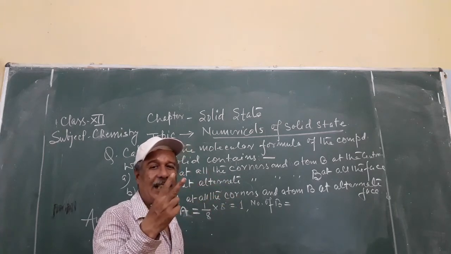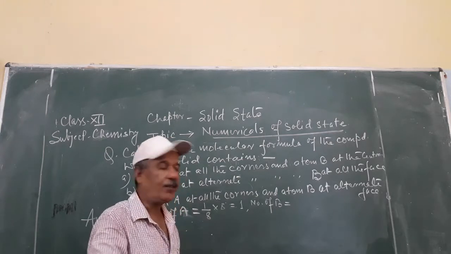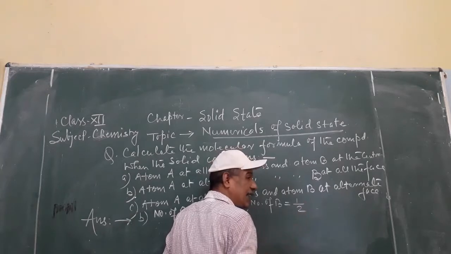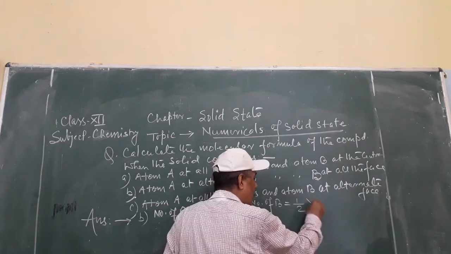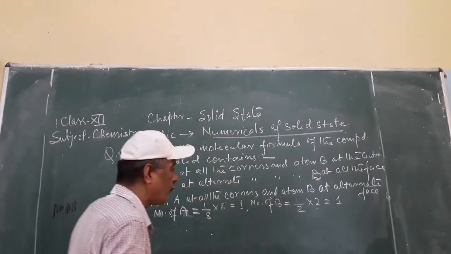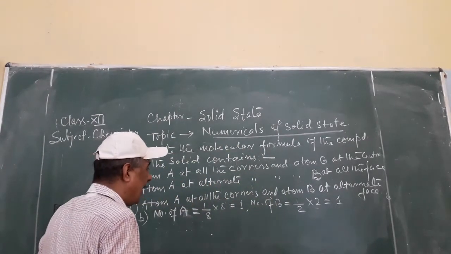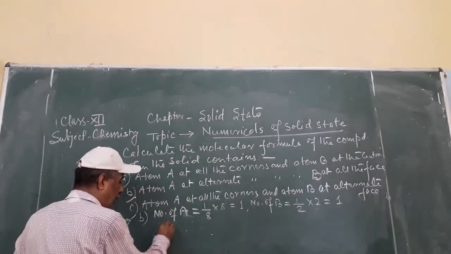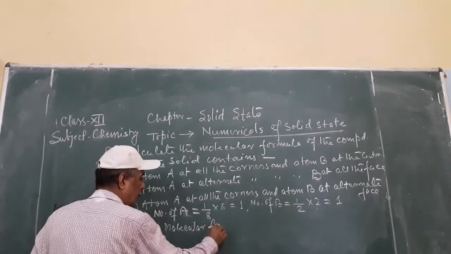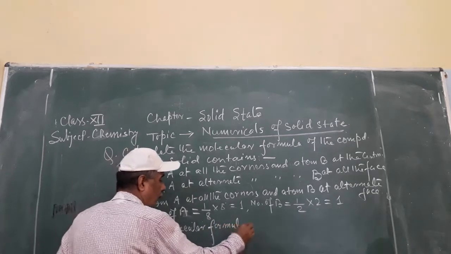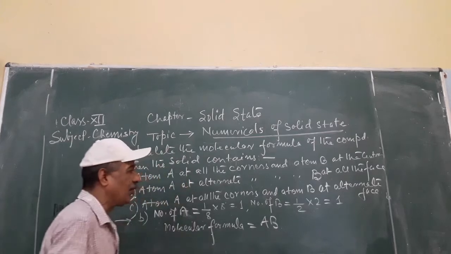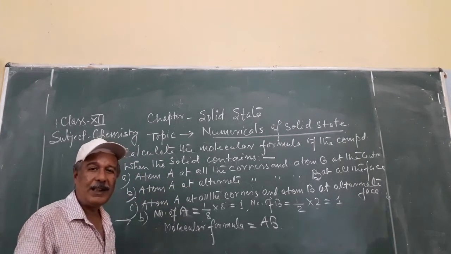Only 2 faces will be called alternate faces. So it will be 1 by 2 multiplied by 2, which is 1. So B is 1. A is 1 and B is 1. So the molecular formula will be AB. This is the answer of the third part of the numerical.